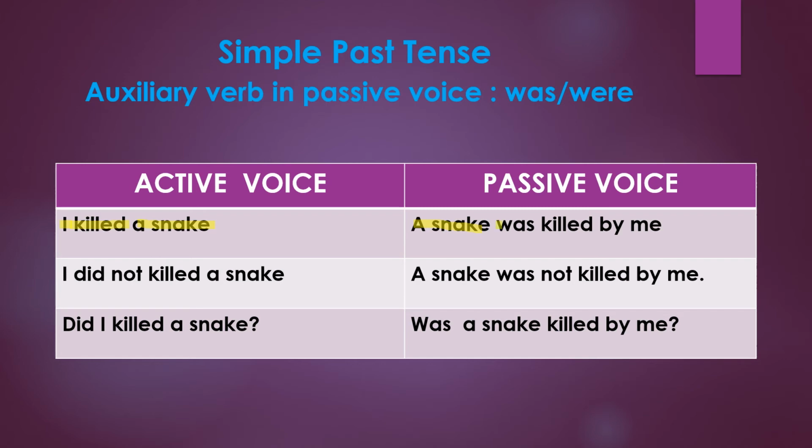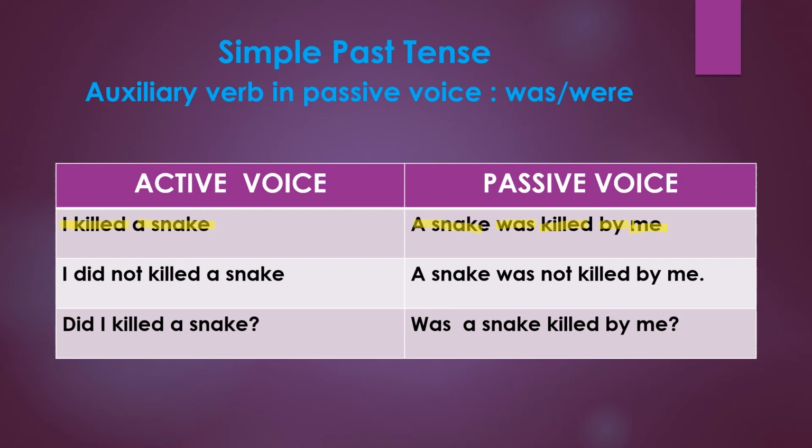So the singular auxiliary verb was, and the same third form or participle form of verb plus by plus me. Why me? Because the subject of active voice is I, and in passive voice the pronoun gets changed. I changes to me in the place of object.